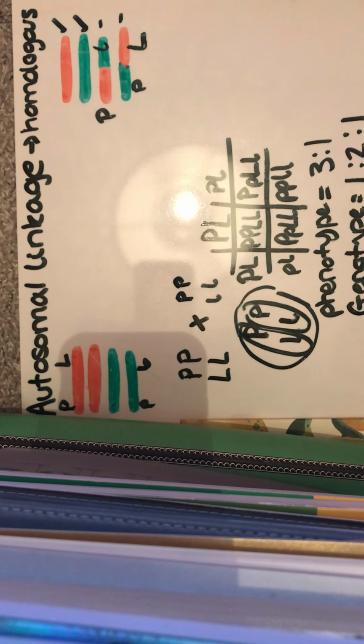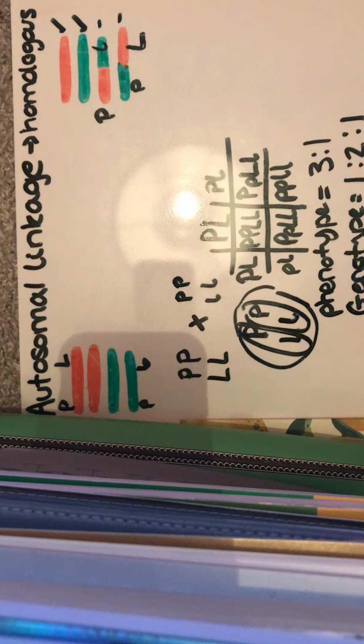But if we had lowercase p, capital L with lowercase p and lowercase l, then they'd be red and long. These are different to the others. However, they wouldn't be in the usual 9:3:3:1 ratio that we would expect if the genes were not linked.